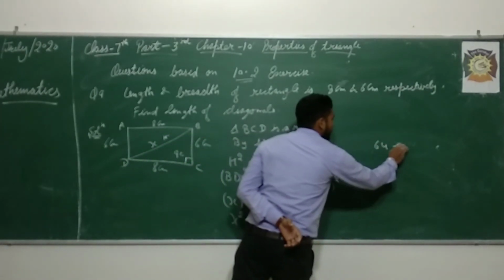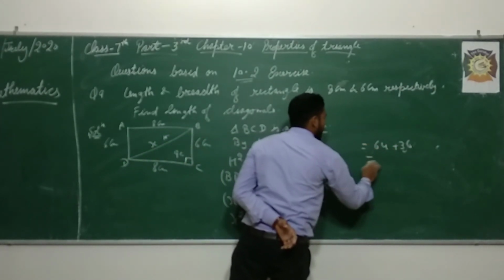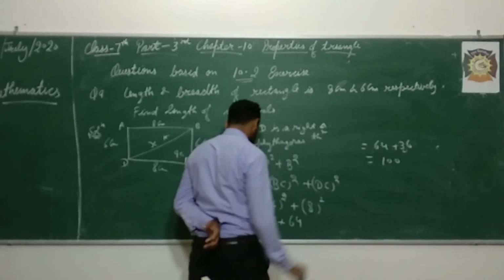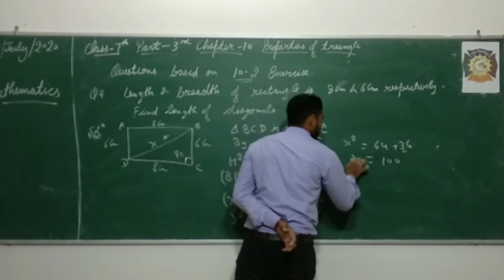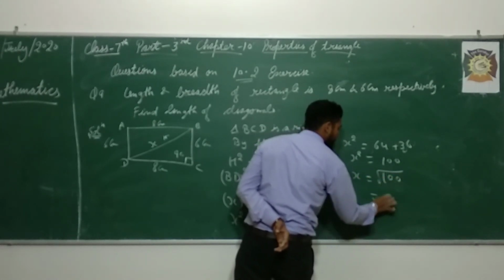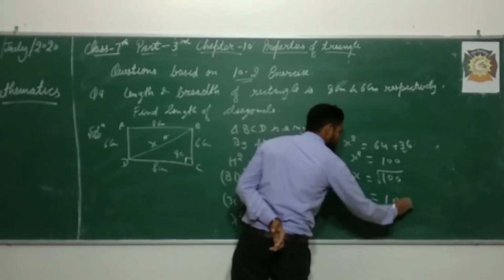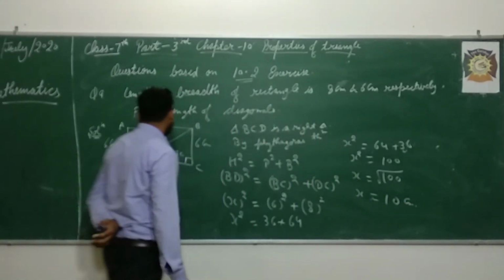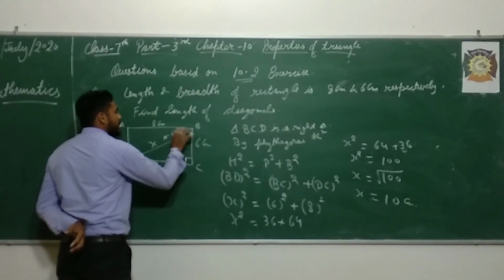If we add both the terms, 64 plus 36, that is equal to 100, and x is equal to square root of 100, which means 10. x is equal to 10 centimeter, so the diagonal is 10 centimeter.